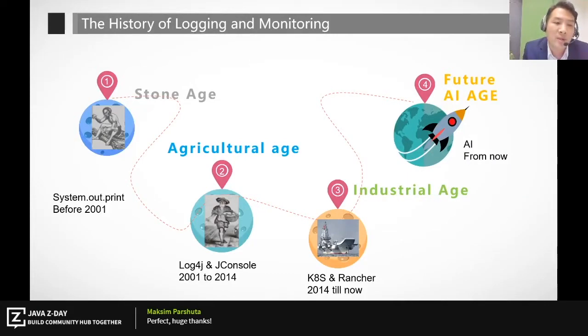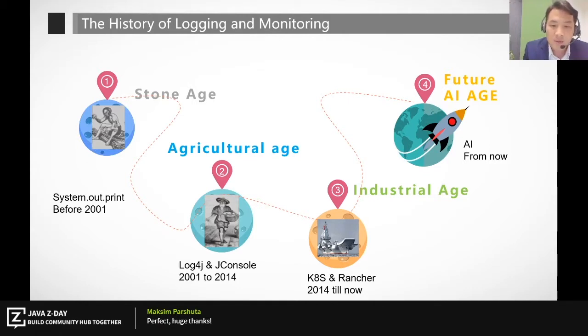People used system out print to write logging and monitoring for your application. The second is the Agriculture Age. Here, from 2001 to 2014, with the technology of Log4j and JConsole coming out, people can do logging and monitoring better. Currently, we are in the Industry Age. It's from 2014 till now.